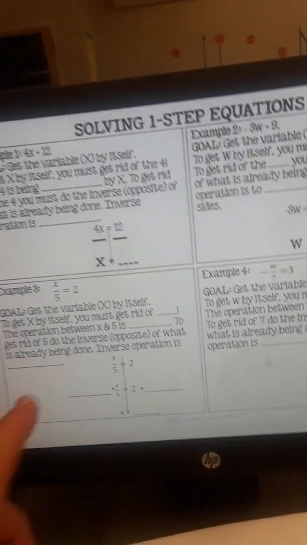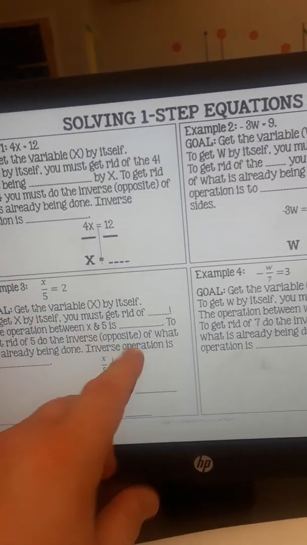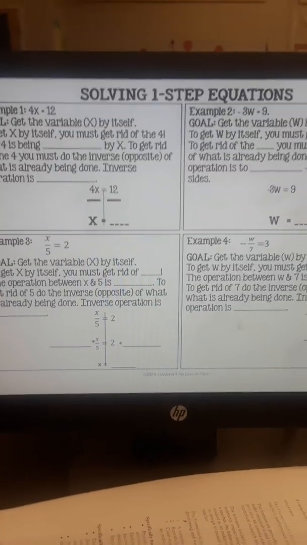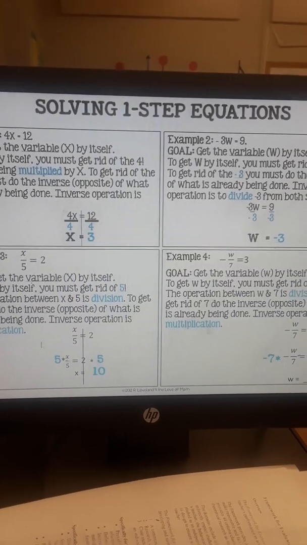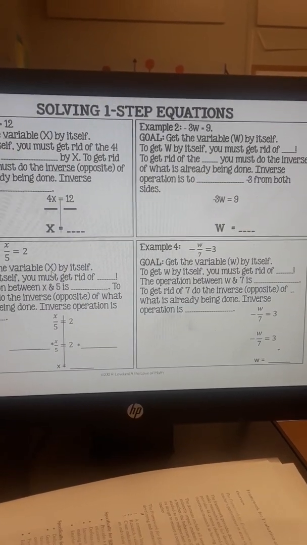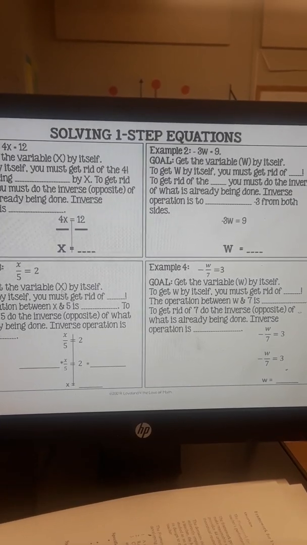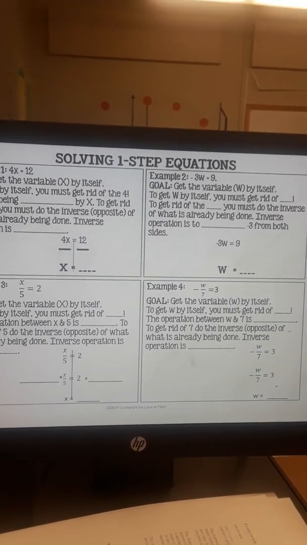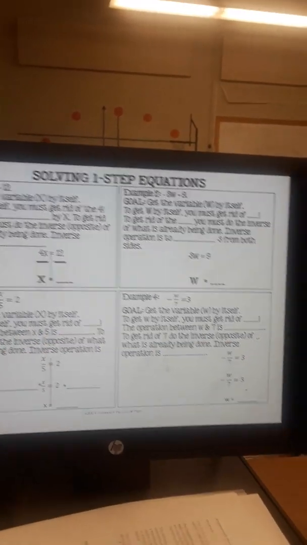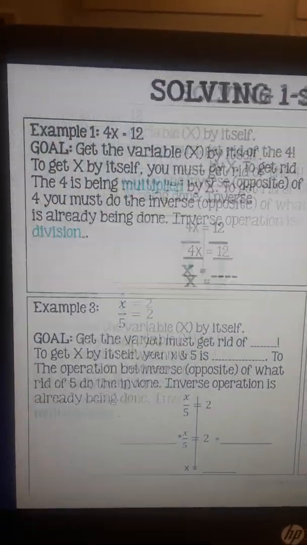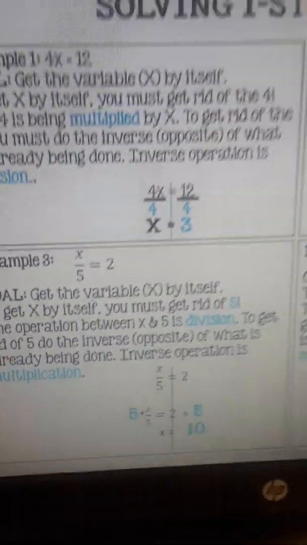So the operation between x and 5 is what? It is division, all right? So to get rid of the 5, do the opposite. The inverse operation is multiplication. Multiplication, all right? That's the inverse operation.